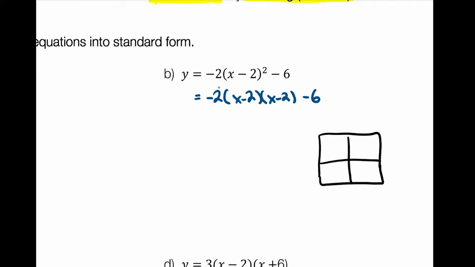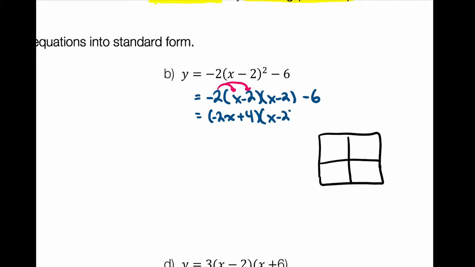And I do that by multiplying the negative 2 into the first bracket. It's only the first bracket because when we think about multiplying numbers, we multiply the first two, then take that answer and multiply it by the second one. So in this case we get negative 2x plus 4, or negative 2 times x is negative 2x, negative 2 times negative 2 is positive 4.